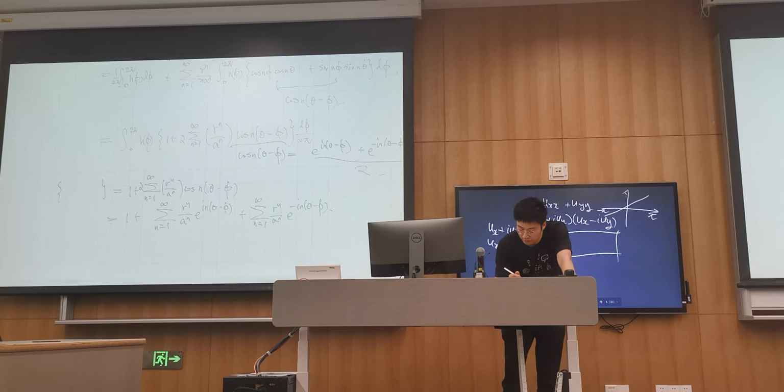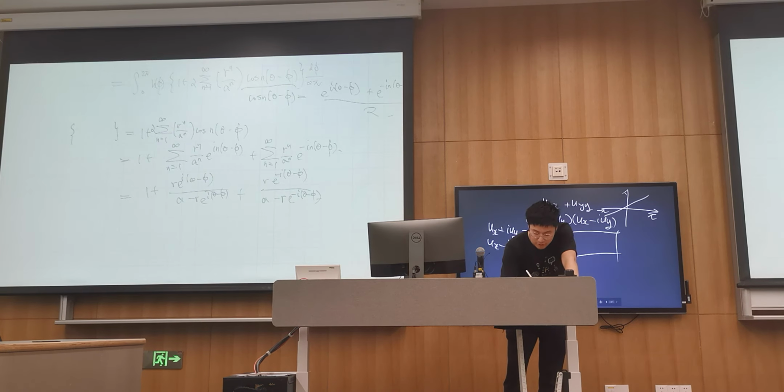Finally we'll have something like 1 plus r e to the i(theta minus phi) over a minus r e to the i(theta minus phi), plus r e to the negative i(theta minus phi) over a minus r e to the negative i(theta minus phi).